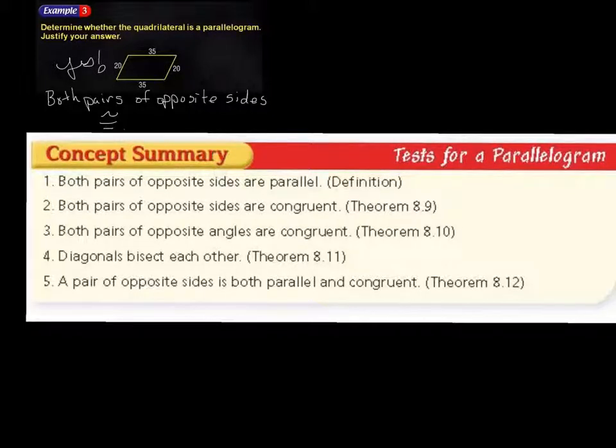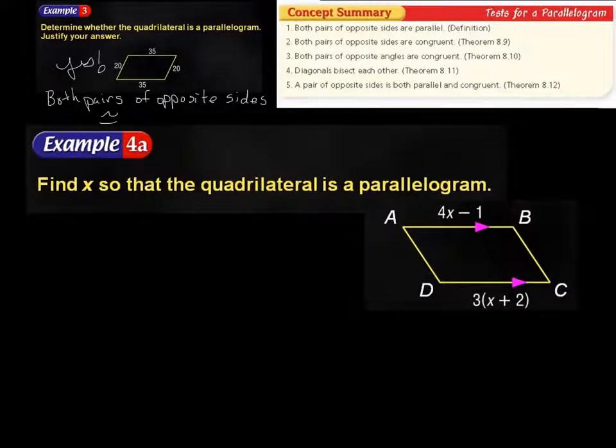I would suggest if you haven't written down the theorems, write this down. If you've already written down the theorems, don't write both because it's kind of redundant. We have, by definition, both pairs of opposite sides are parallel, or both pairs of opposite sides are congruent, both pairs of opposite angles congruent, diagonals bisect each other, or a pair of opposite sides is both parallel and congruent. Now here's the stuff we like.